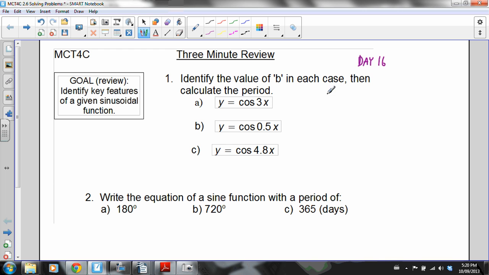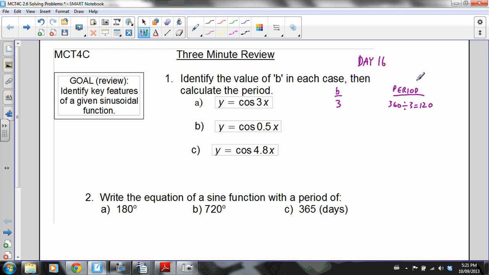Identify the value of b in each case and calculate the period. Remember, whatever value was given in the function, in this case 3, the period was just 360 divided by that, right? So this first one's 120.